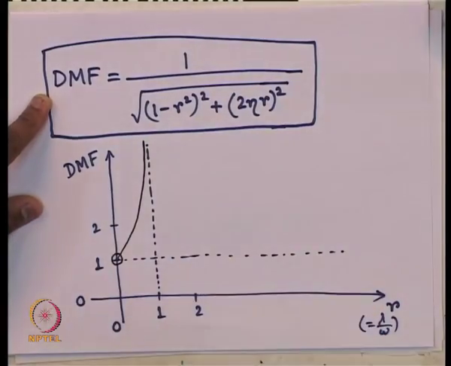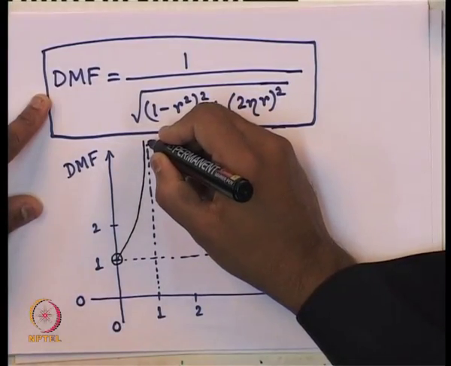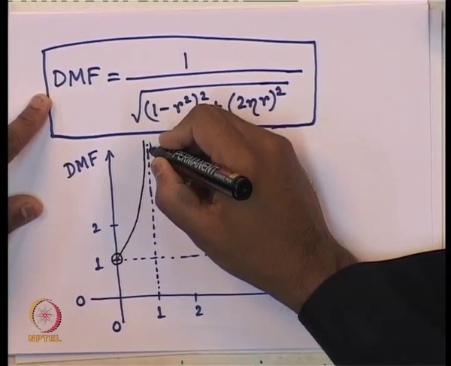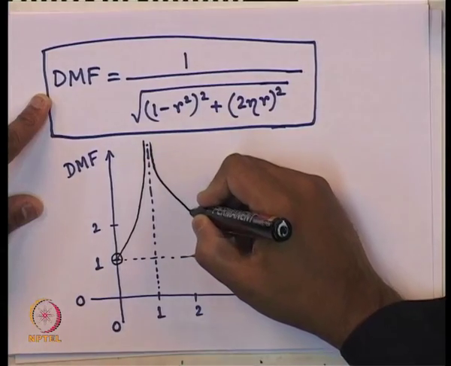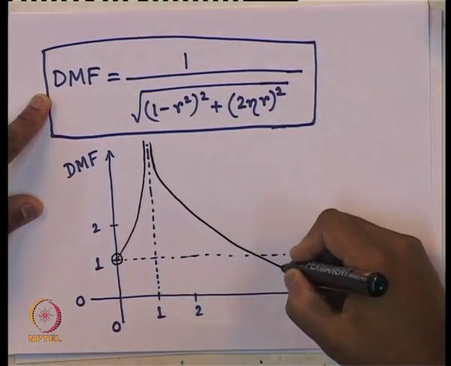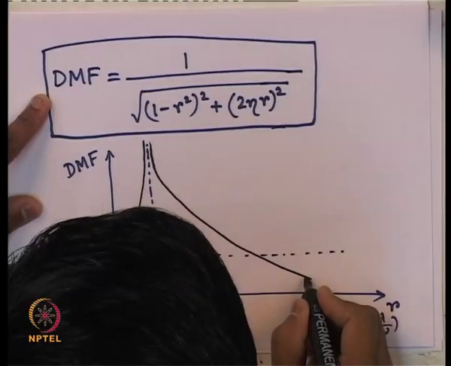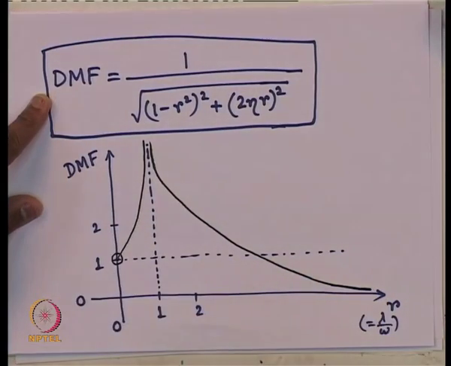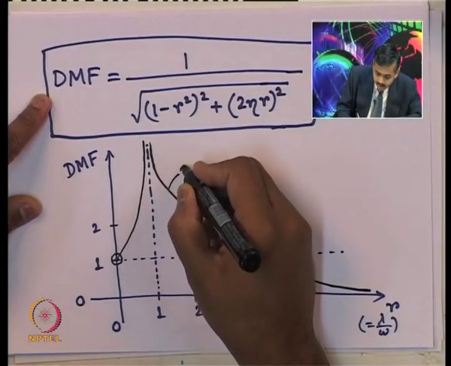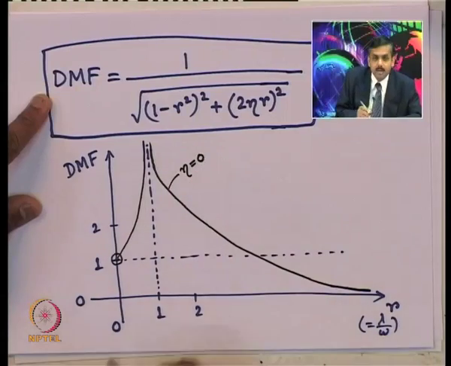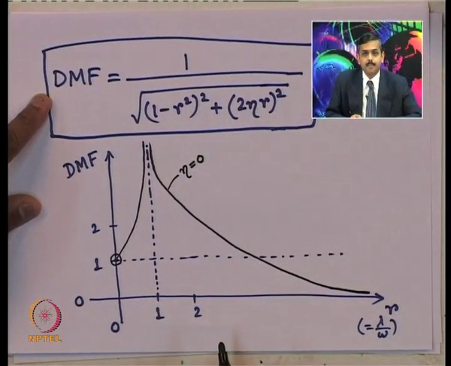So, the other side of the curve will be something like this, tangential here, goes down here, approaches 0 at a very high value of r. So, this is the curve we got for eta equals 0, that is the undamped case.